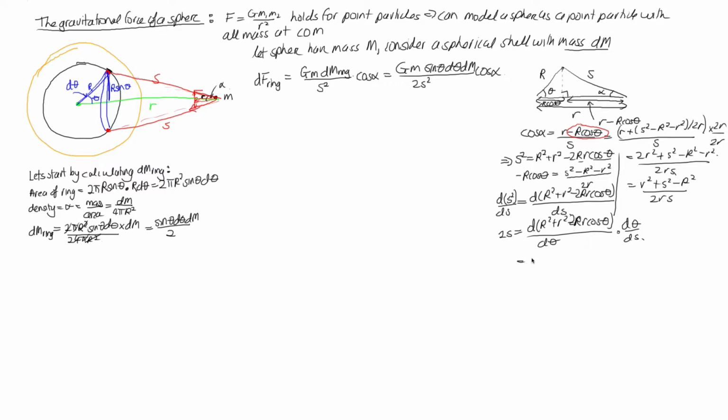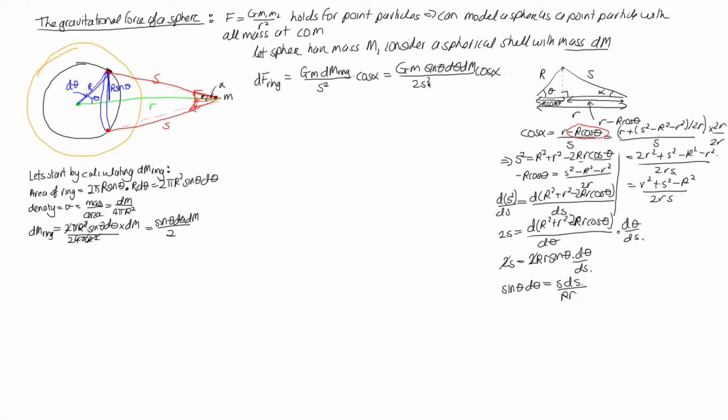So the negatives cancel out, and we have 2Rr sine theta, and then d theta ds. And that's equal to 2s. So you can see the 2's will cancel out, and we end up with an expression for sine theta d theta is equal to s ds divided by Rr. And that was useful because we had a sine theta d theta up here.